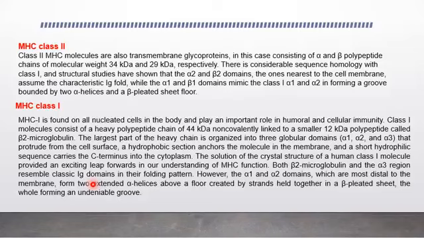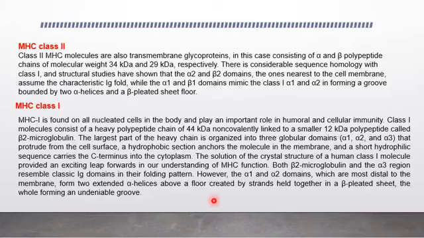However, the alpha 1 and alpha 2 domains, which are most distal to the membrane, extend alpha helices above a floor created by strands held together in a beta sheet.